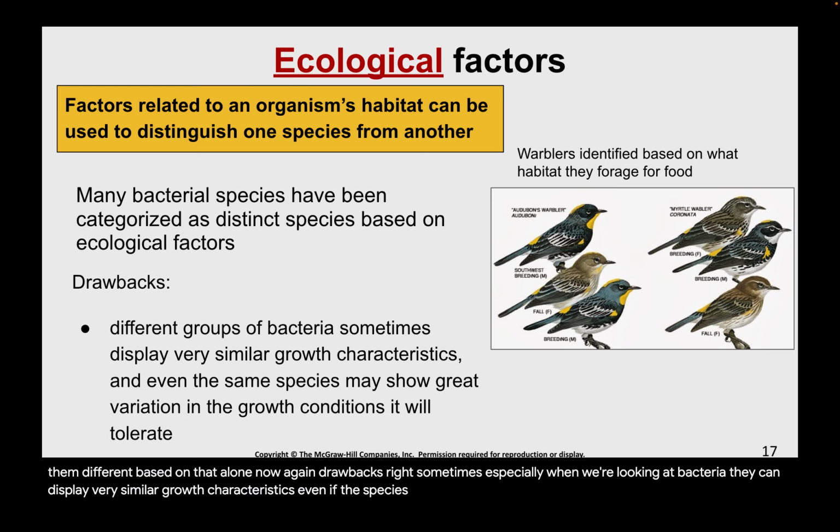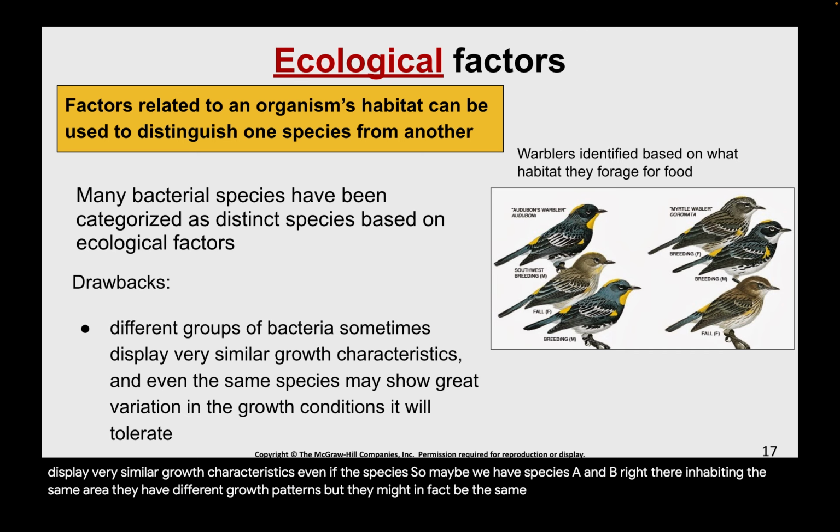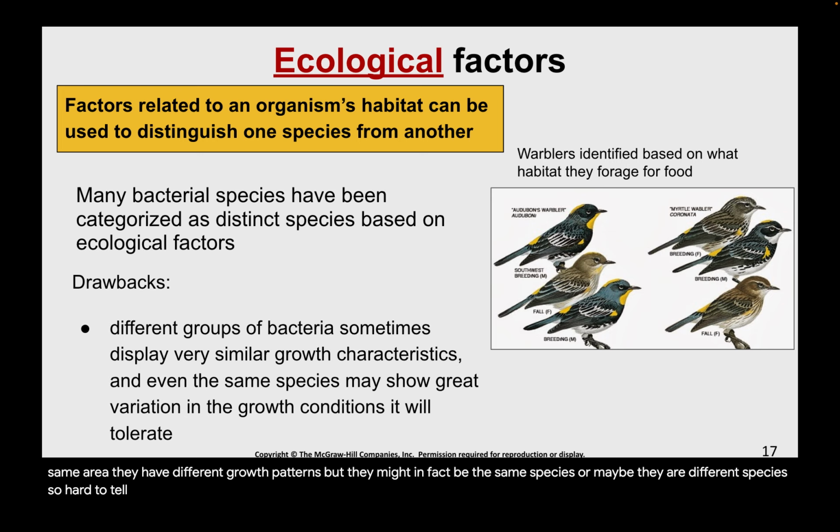So maybe we have species A and B, they are inhabiting the same area, they have different growth patterns, but they might in fact be the same species. Or maybe they are different species. It can be so hard to tell sometimes. So there are pros and cons to each one of those different factors when trying to determine what is a species.